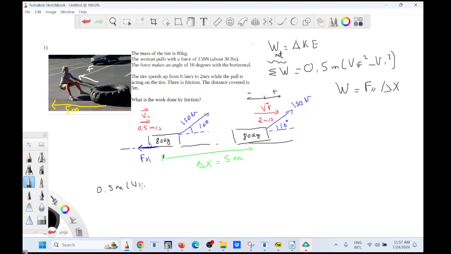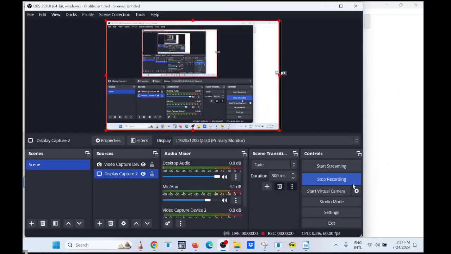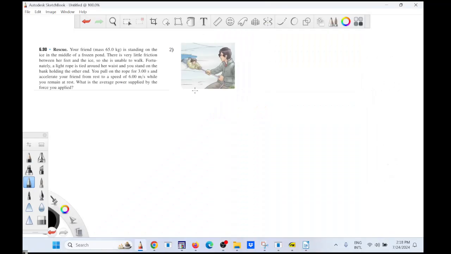So plus 0.5 times 80 times 2 squared minus 0.5 squared, and you get about minus 590 joules if you keep two significant figures. And if you don't find a negative number, that means something is wrong, because the work done by friction is always negative.